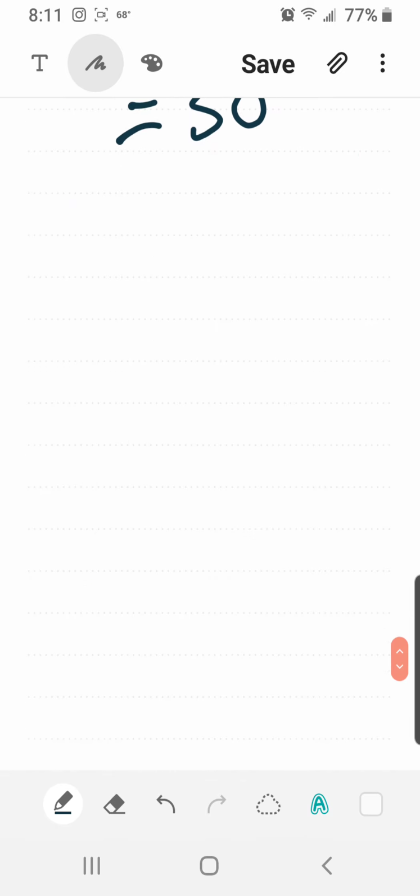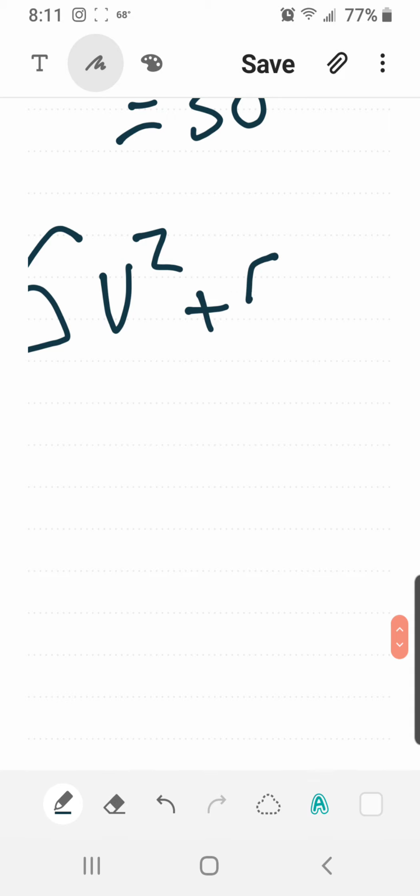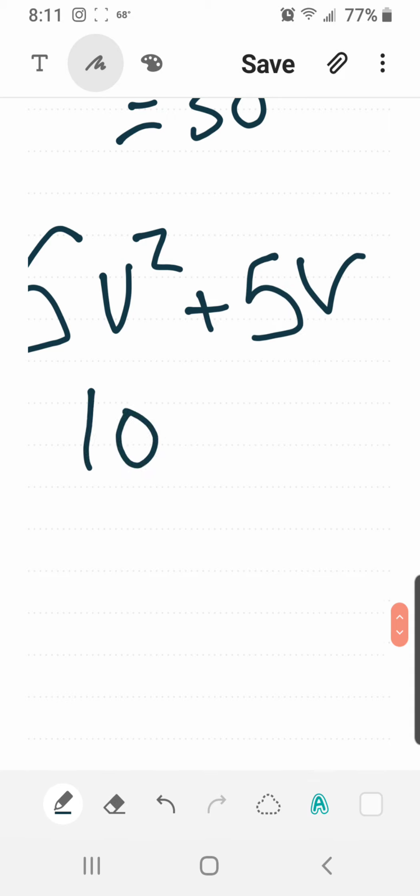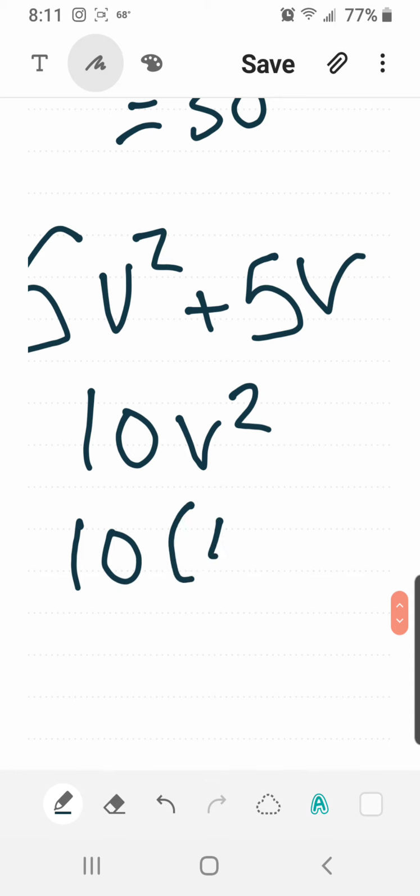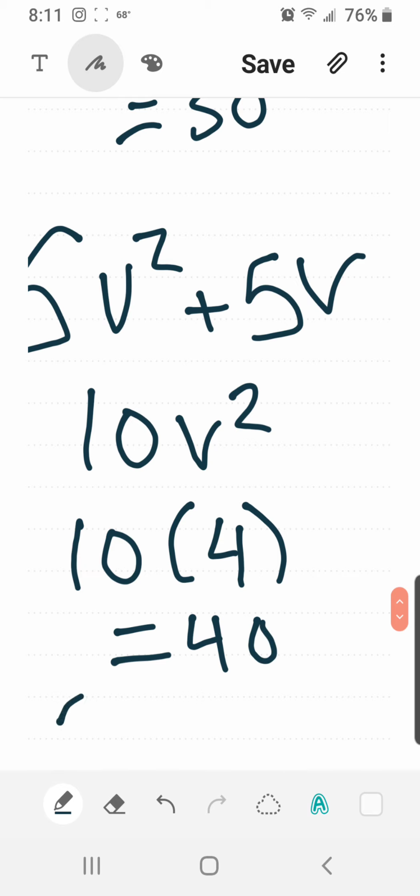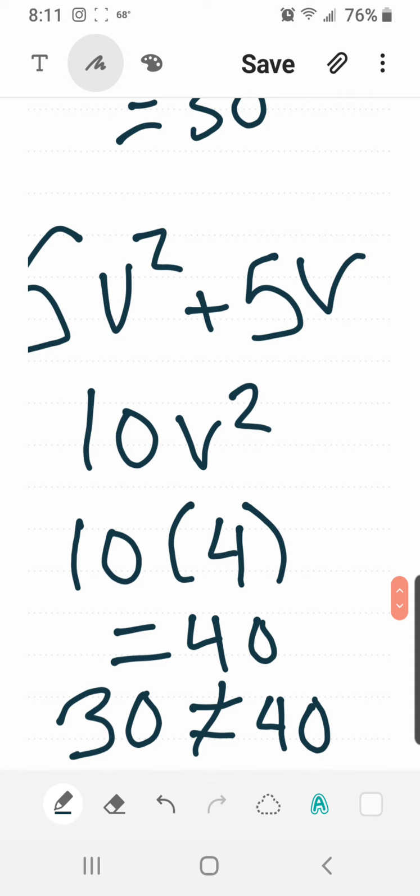But what if we just combine them? What if we said 5v squared plus 5v, and we just said, oh, that's 10v squared. 10, and remember our v squared was 4, that's 40. And 30 is not the same as 40.